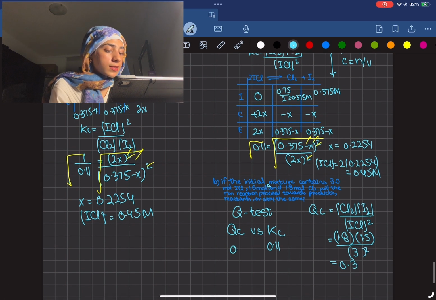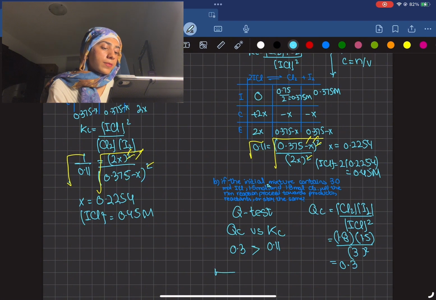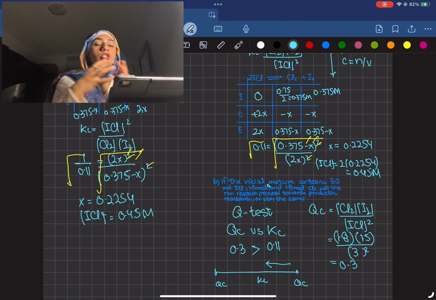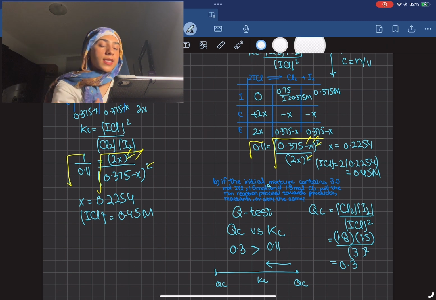Now, because 0.3 is the answer for Qc, which is greater than Kc, if I draw my timeline here, my Kc in between, my Qc is here. Qc is greater than Kc, so my reaction is going to move backwards, because I have a higher value for Qc. It wants to achieve equilibrium, so it's going to move backwards to a lower value, because Kc is at a lower value.